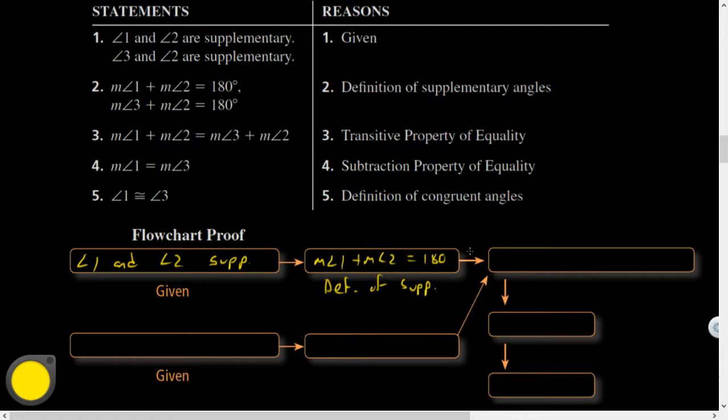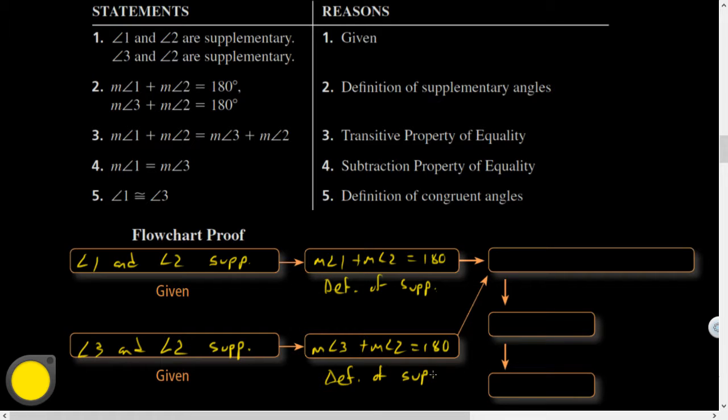Now, I can't combine that into anything special yet, so I'm going to go back to this branch. So let's see, I'm going to say that angle 3 and angle 2 are sup. Reason, given. And then I know that measure of angle 3 plus measure of angle 2 equals 180. Reason, def of sup.